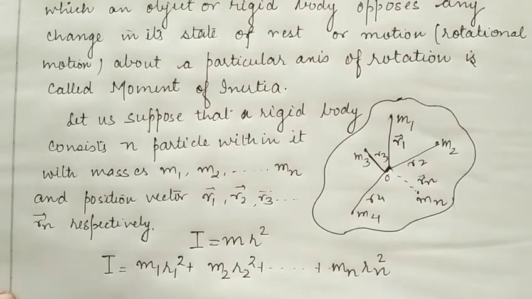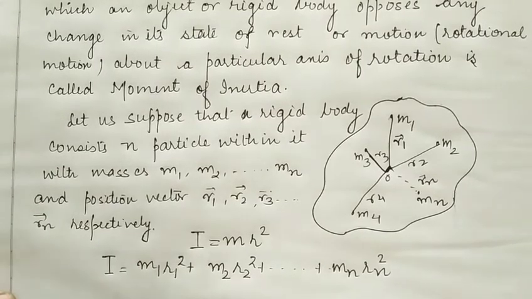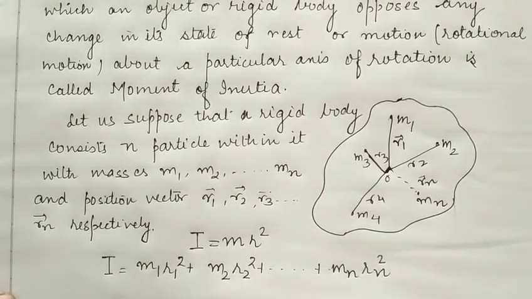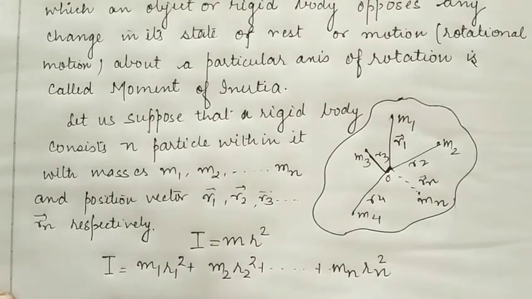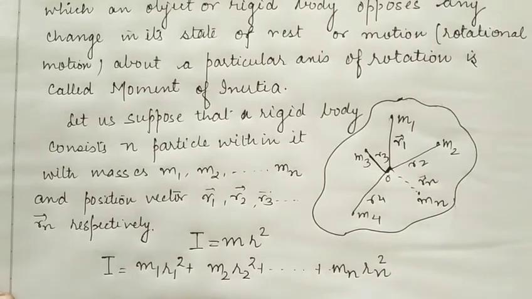So in this way we can conclude that the moment of inertia will be the summation of the product of mass of the system and the square of the separation from the origin.